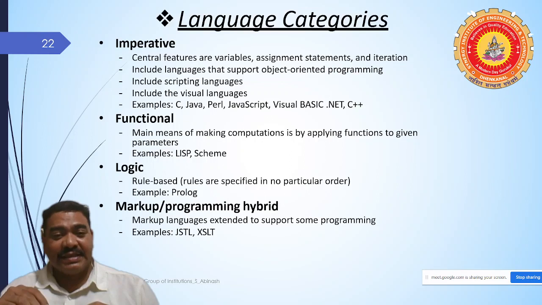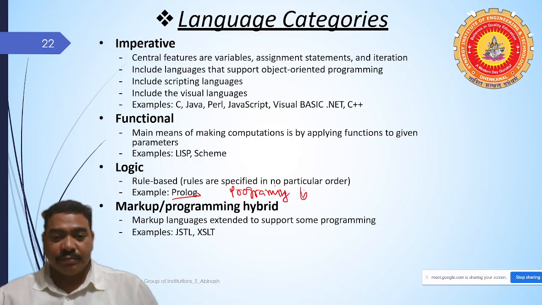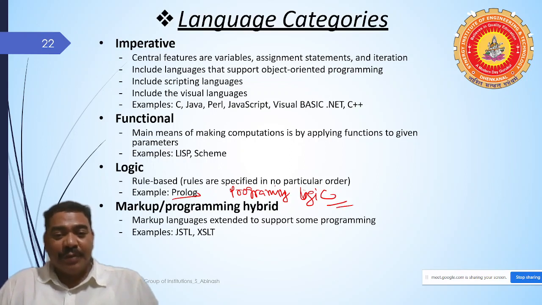The best is LISP, list processing language, and Scheme. A logic rule-based programming language is Prolog, that is programming in logic. Logic programming, rule-based programming language. Then markup or programming hybrid language.